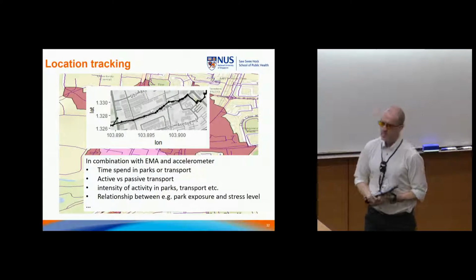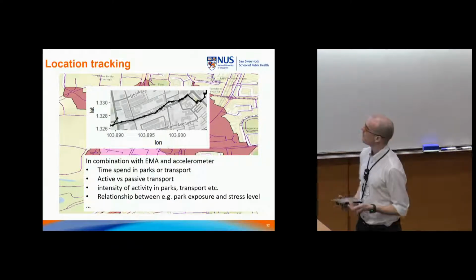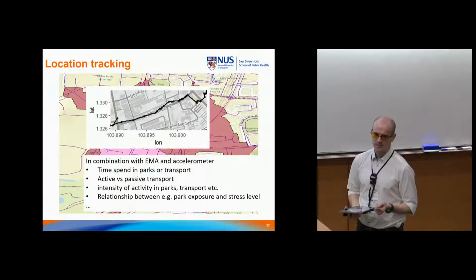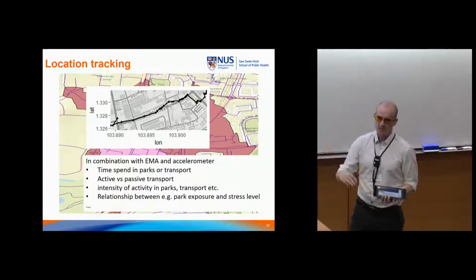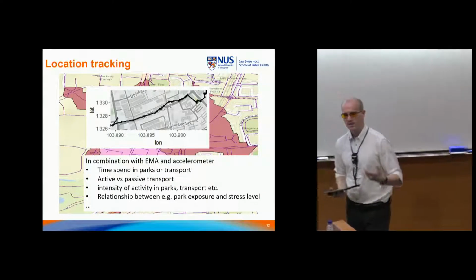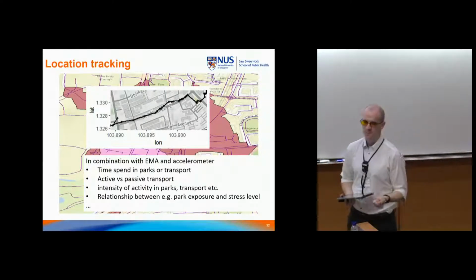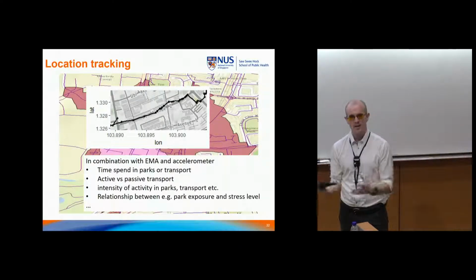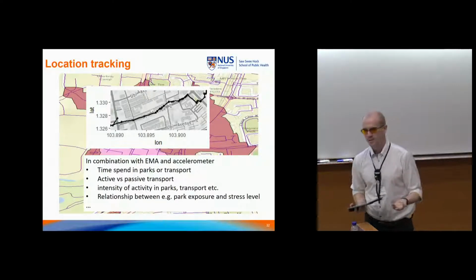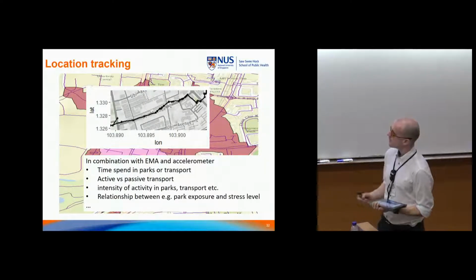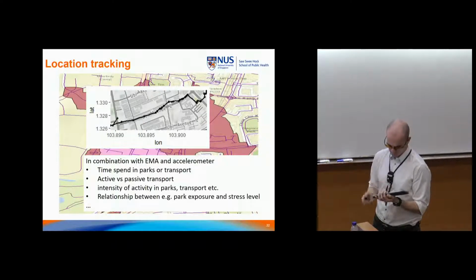So, in general, there's quite a bit of promising information in the data that we are collecting. And by combining it with the accelerometer data, subsequently, that also gives us time-stamped information on activity behavior. We can then also derive how active and to what extent this is physical activity as we would like to see it in our population.